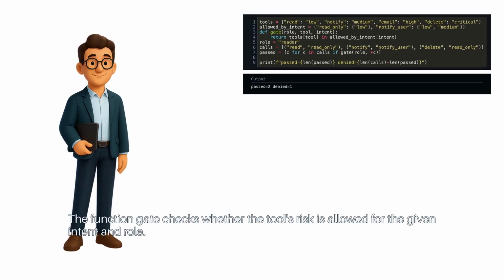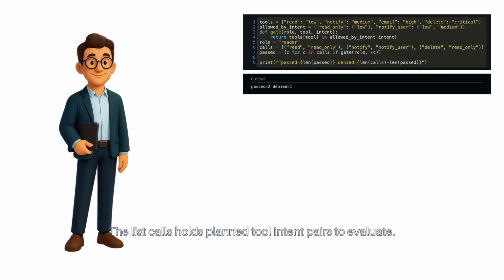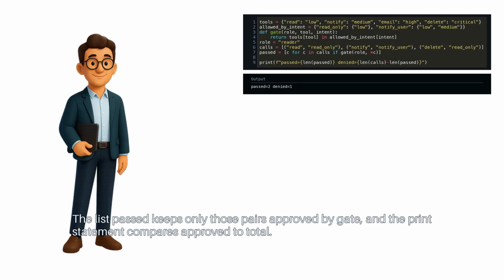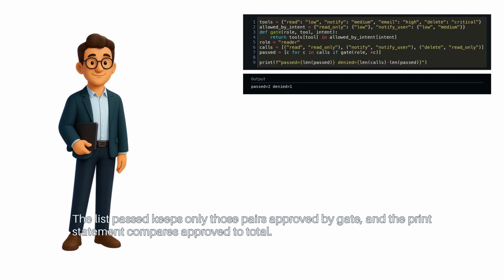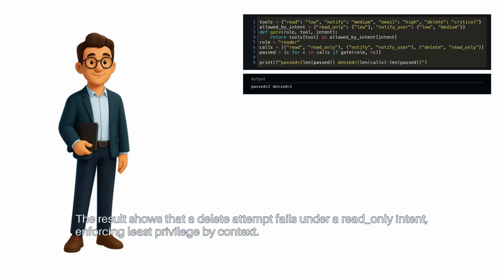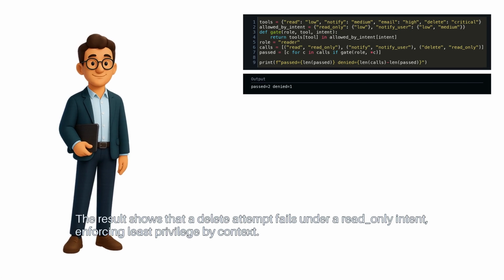The function gate checks whether the tool's risk is allowed for the given intent and role. The list calls holds planned tool-intent pairs to evaluate. The list passed keeps only those pairs approved by gate, and the print statement compares approved to total. The result shows that a delete attempt fails under a read-only intent, enforcing least privilege by context.